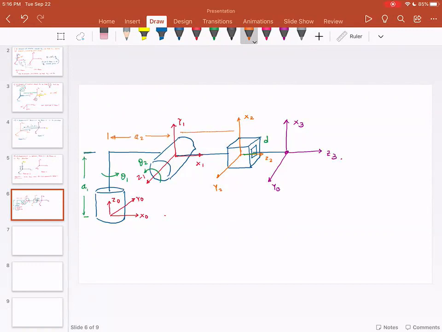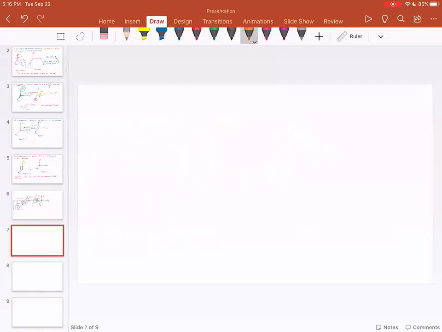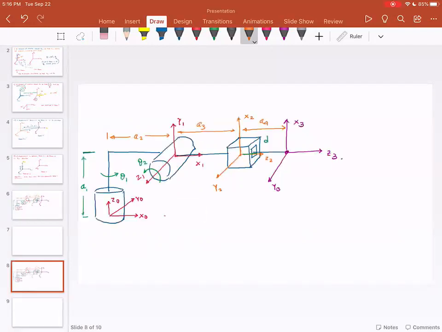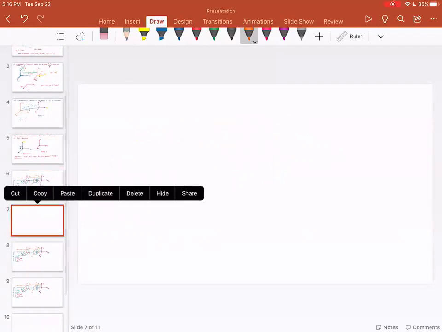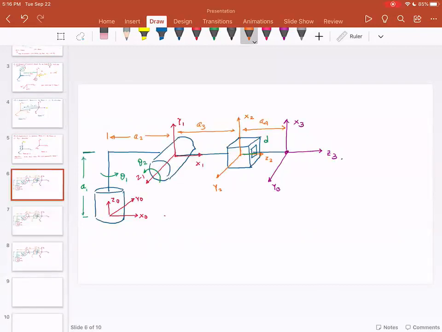This is A3. And this is A4. And this we are going to solve for 3 different joints. So I have just copied the figure because I'm going to explain each joint separately.